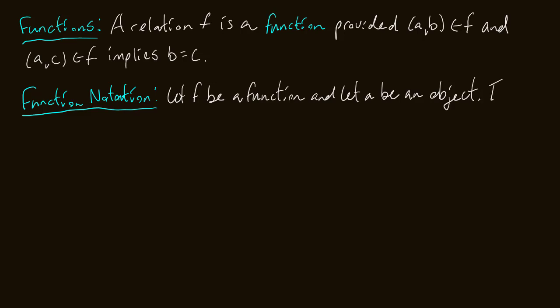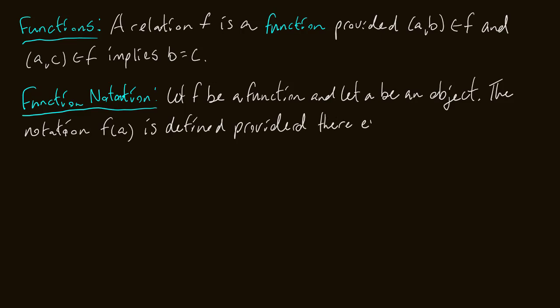Now we're going to say the notation f of A, that's how you read it, f of A, is defined provided there exists an object B such that (A, B) is an element of our function f.